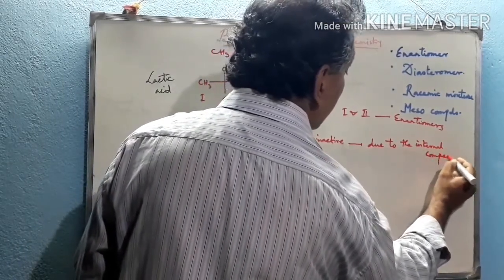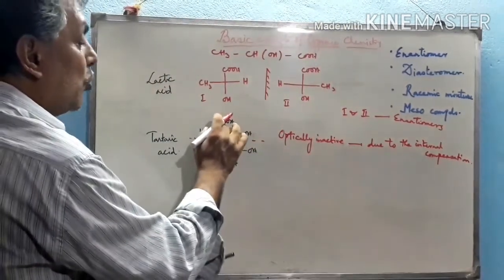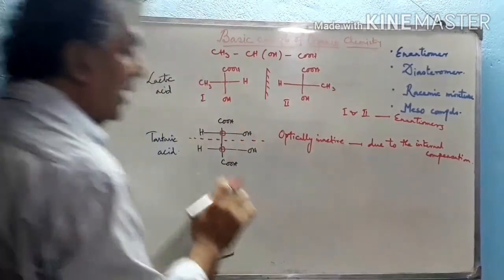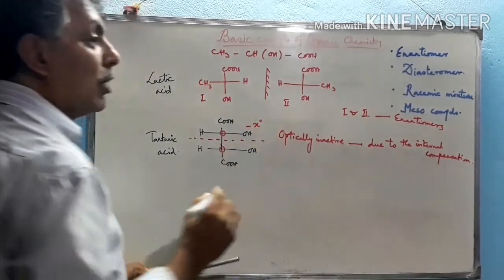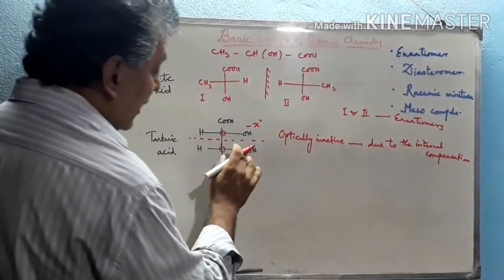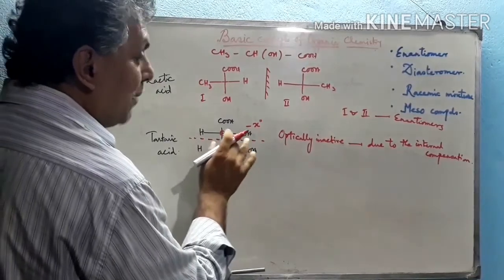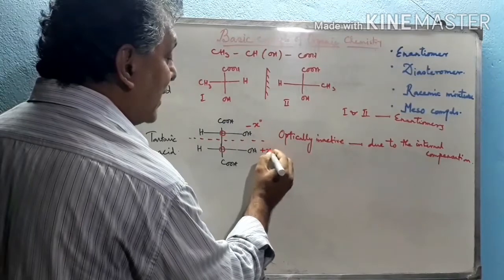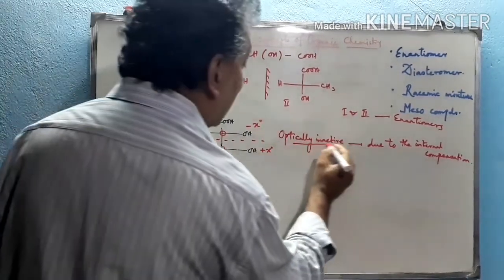Suppose the upper part rotates the plane polarized light towards the right with respect to the direction of the pathway, suppose x degree. This is minus because clockwise. But the lower part, with respect to this carbon, rotates the plane polarized light towards the left and equally, that means plus x degree, and that's why these two cancel each other, so it becomes optically inactive.